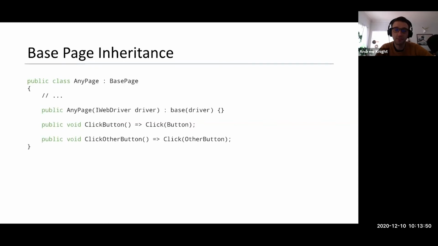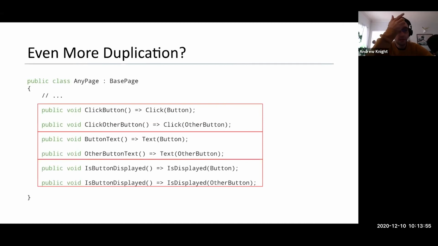Unfortunately, this isn't very good at all. The base page helps mitigate duplicate code, but it doesn't solve its root cause. Page objects inherently combine two separate concerns, page structure and interactions. Interactions are often generic enough to be used on any web element.